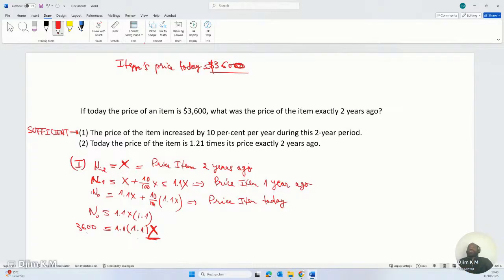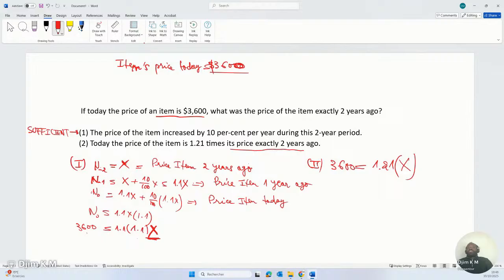So that's it. The second condition says, today the price of the item is 1.21 times its price exactly 2 years ago. So that simply means that today the price of the item is 360, and this price is equal to 1.21 multiplied by its price exactly 2 years ago.